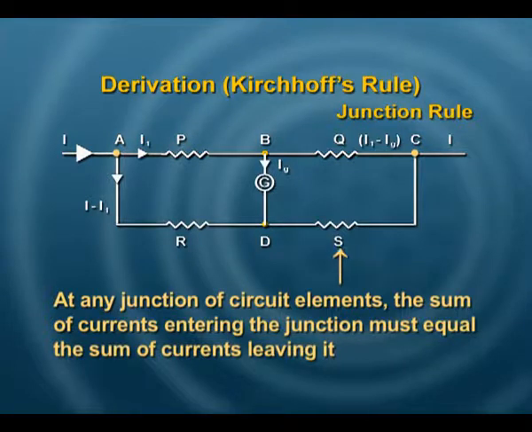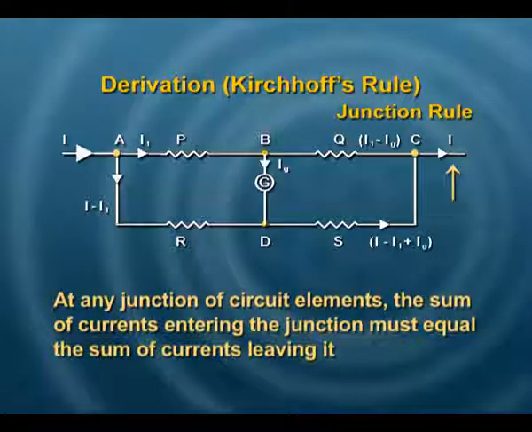Likewise, we can establish the current through S. At this junction D, we have Ig and this section has I minus I1. So, the current in this portion of the circuit would be I minus I1 plus Ig, and at C all this adds up to become the I value.